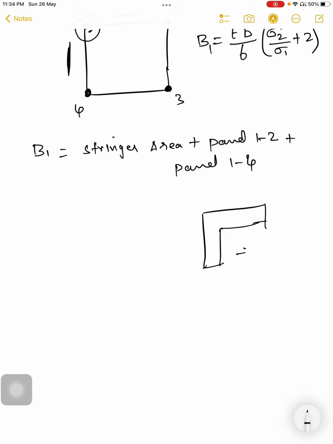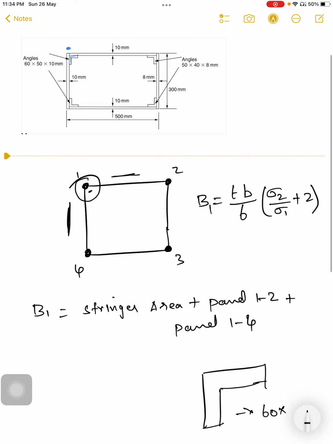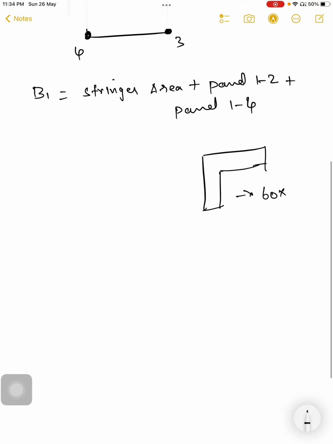It is a 60 cross 50 cross 10. So let's assume this is 60 and this is 50 and thickness is 10.